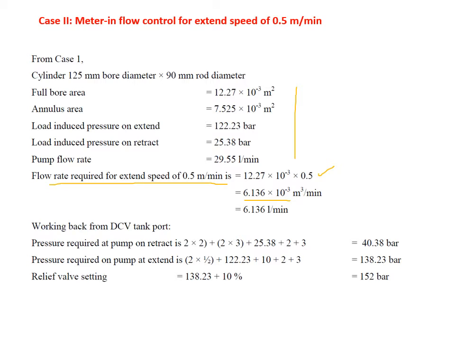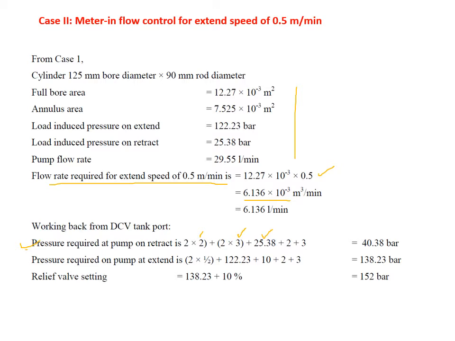So the pressure required during the retraction operation will be equal to 2 multiplied by 2, where this 2 is because of the area ratio and 2 is the back pressure which is developed, plus 2 multiplied by 3. This 3 bar is the pressure drop across the check valve, plus the pressure required for the particular application.